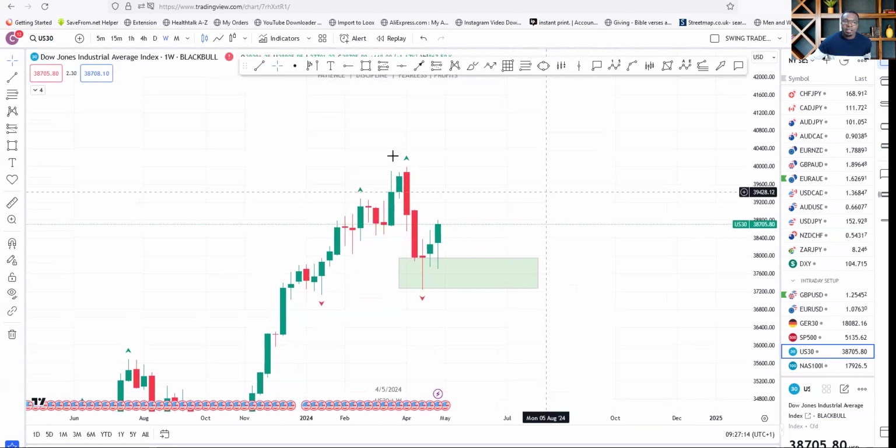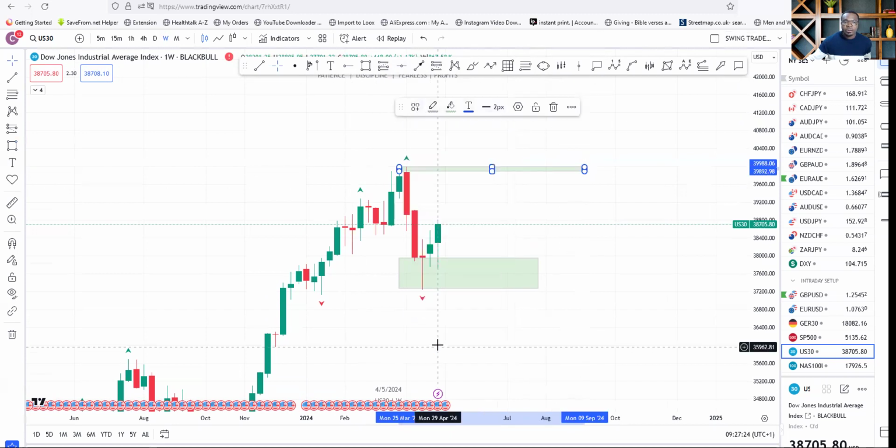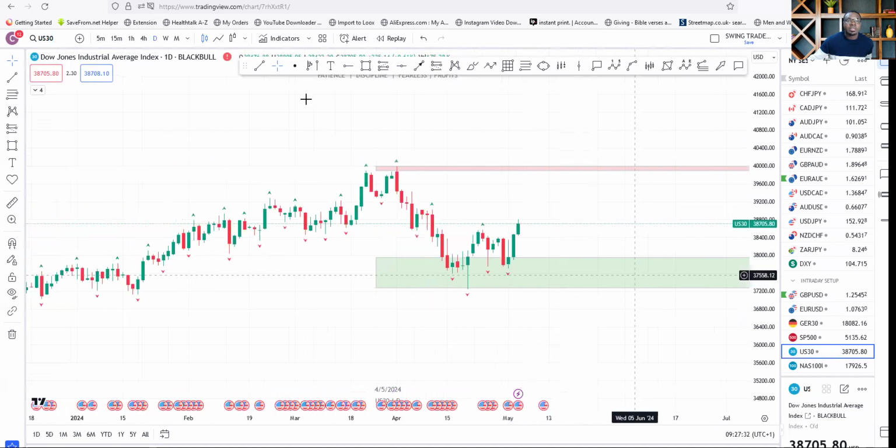The market is rallying up, and we can see that this is the first high it has created already, which is what I call the resistance zone on the weekly. Now, there's something here in the price action that you need to pay attention to. Maybe the daily will explain that to us if we check the daily.